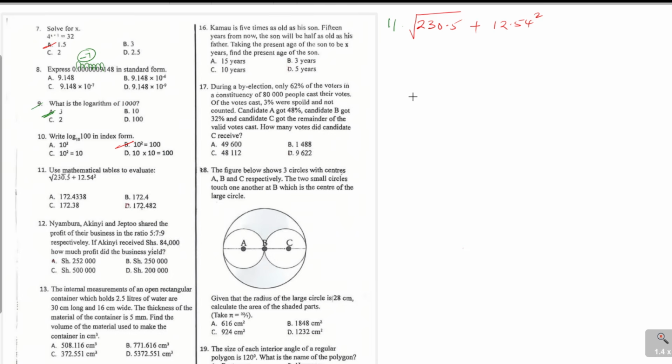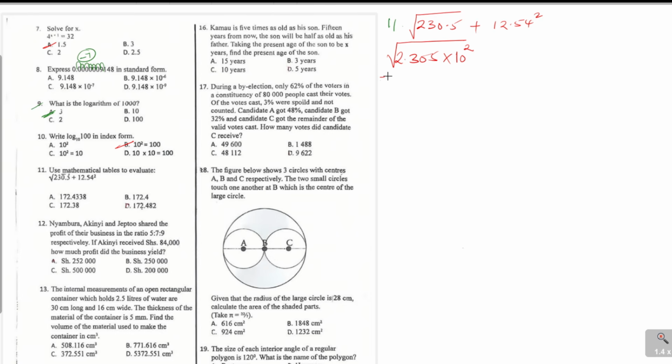I will write it as 2.305 in standard form, multiplied by 10 squared. Look at where the decimal point is placed between 2 and 3. To go back to where the decimal point was originally, you move 2 steps forward. So you are supposed to get the square root of this number.